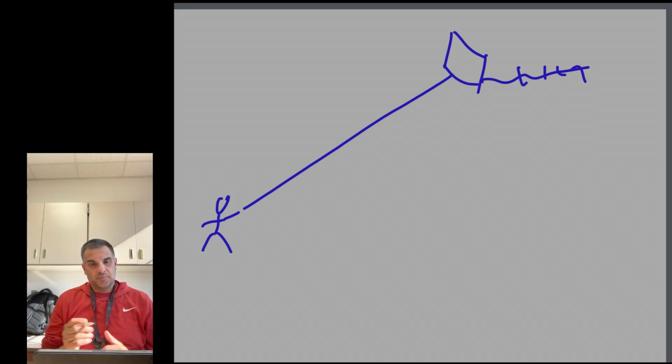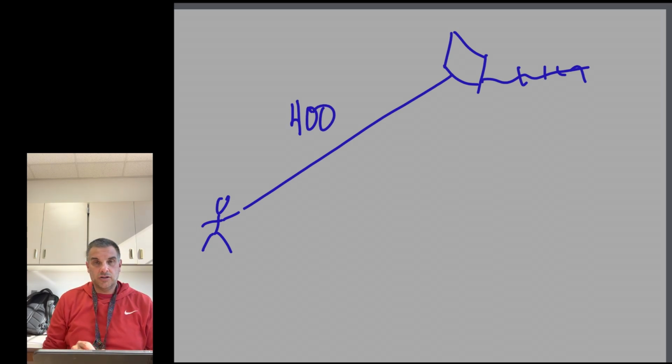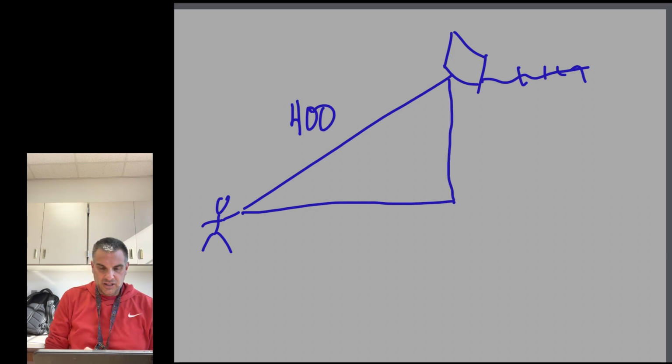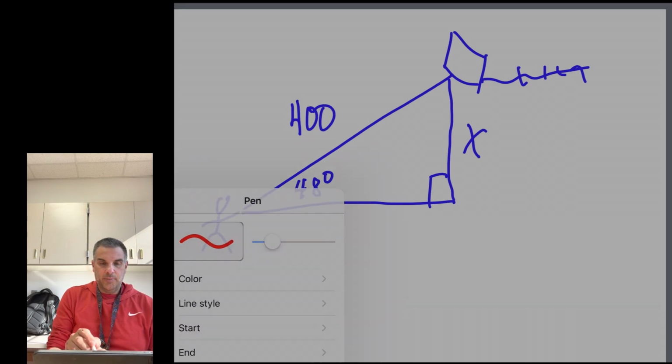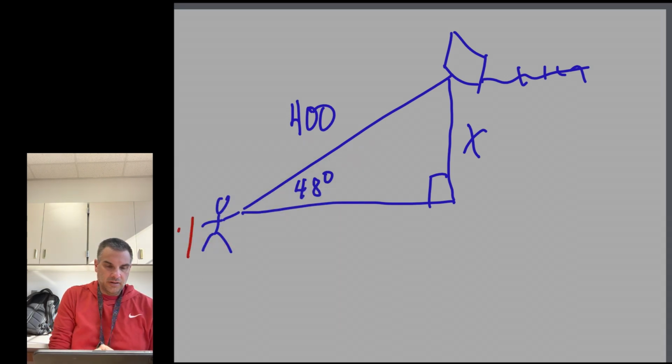Let's say I know I've let out 400 feet of string. I measure my angle of elevation, and it is 48 degrees. I want to know how high that kite is flying, given that I am holding my arm 4 feet off the ground.